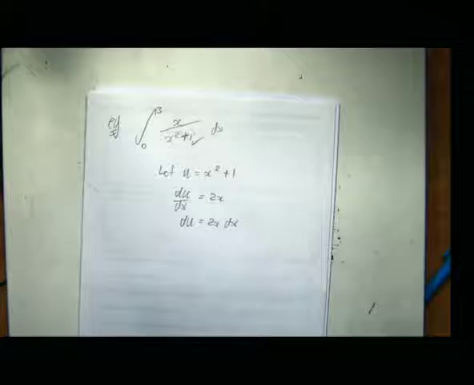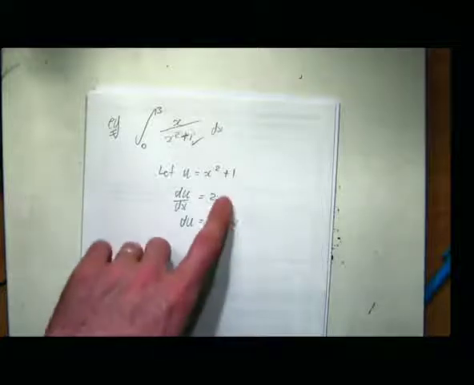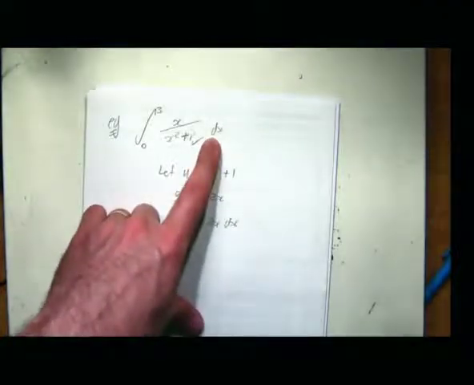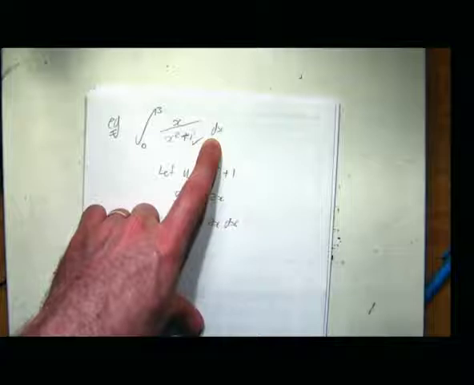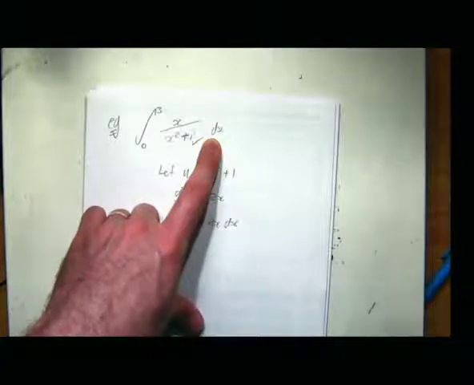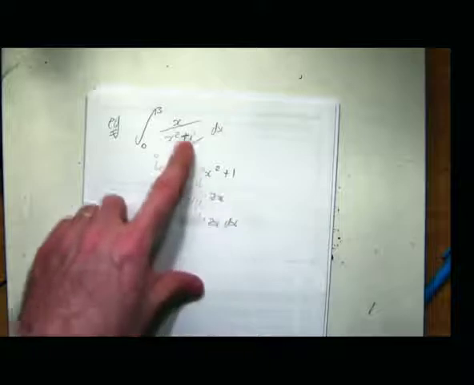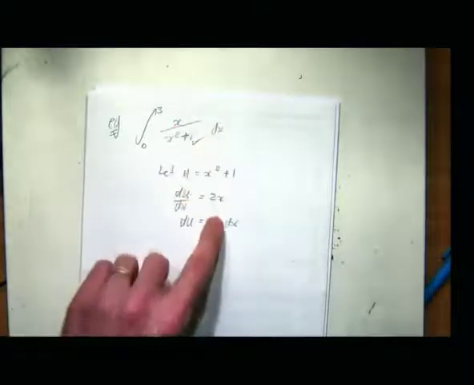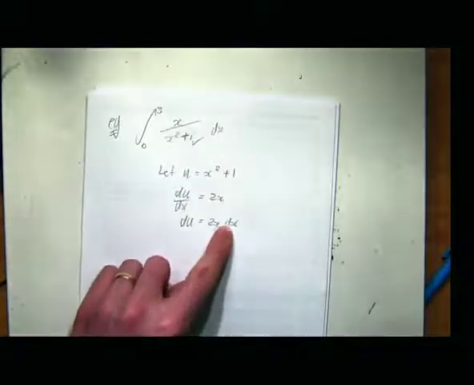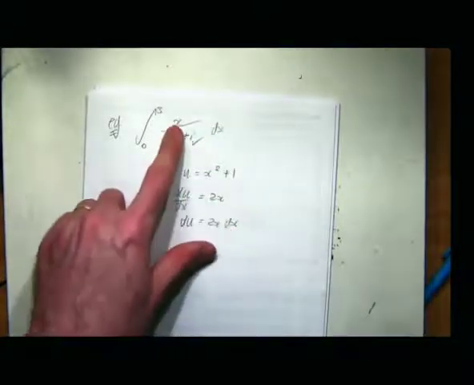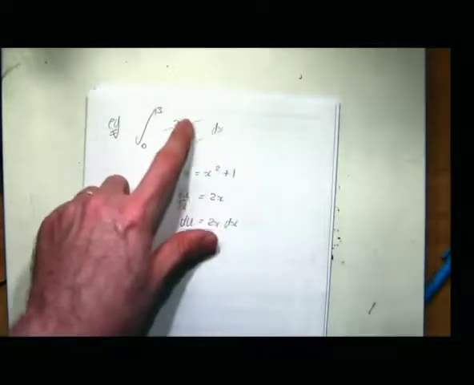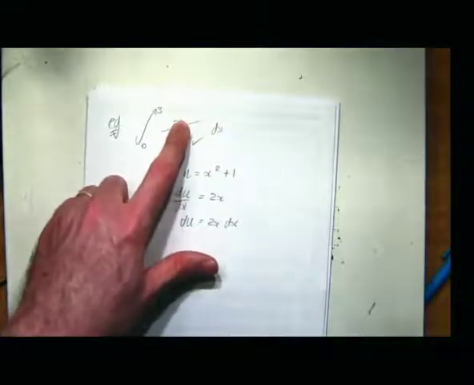And then I can go looking here and go, now let's see. I don't have a dx all by itself, but I do have an x here that I can join with that dx just like it is here. Because if I thought of this as a number, it would be x dx on the top of that fraction.